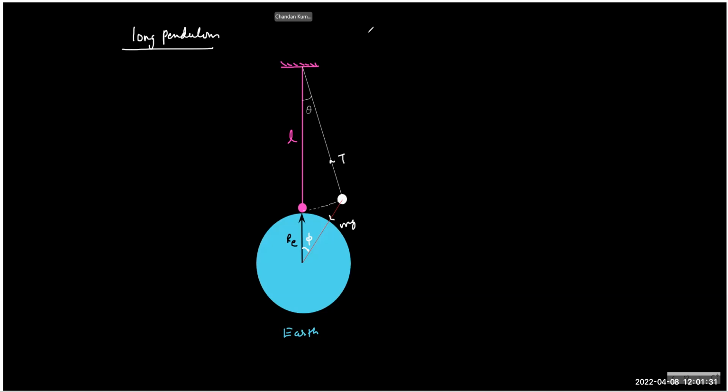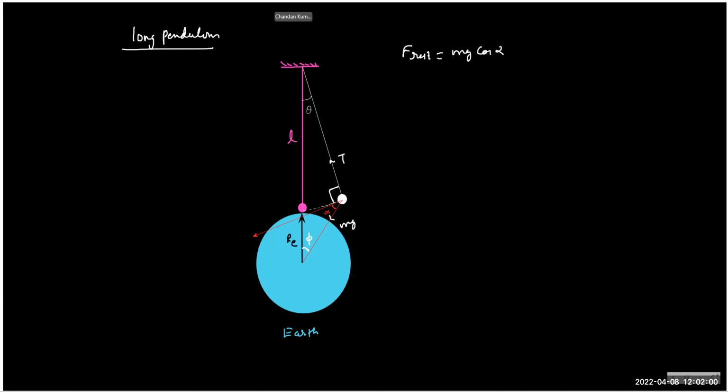So now, for the tangential force, we need to find this angle. Let's call it alpha, because to write the restoring force, F restoring must be mg cos alpha, right?